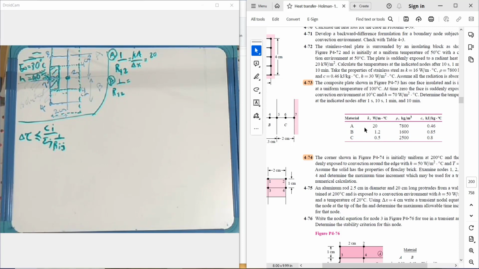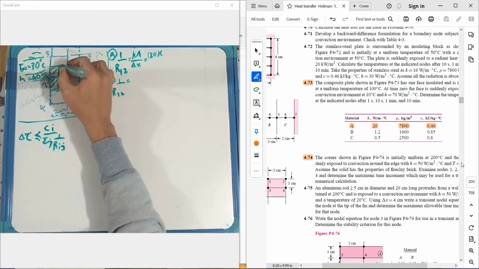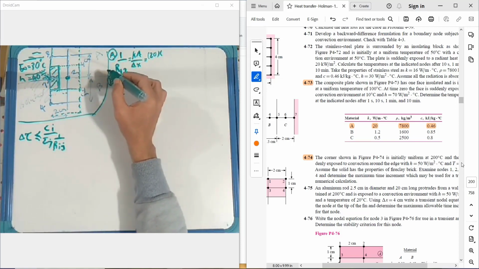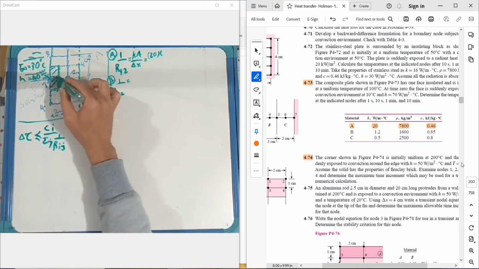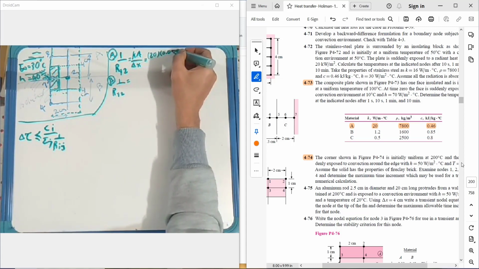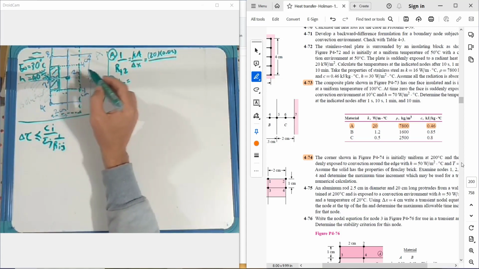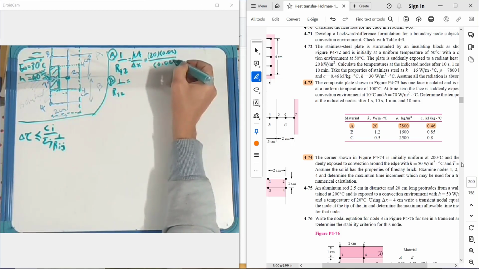Let me highlight it so you can see it. 20 multiplied by A. What is the A of that? A here is 4 centimeters. But in material A, we have just from here to here, which is 2 centimeters. 2 centimeters divided by delta x from point 1 to 2, which is 2 centimeters.